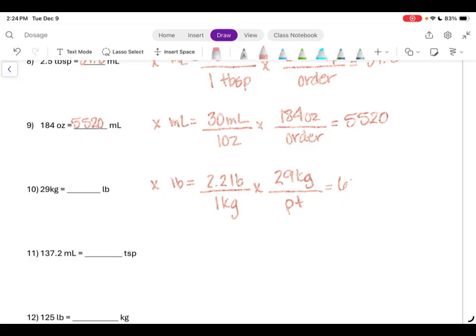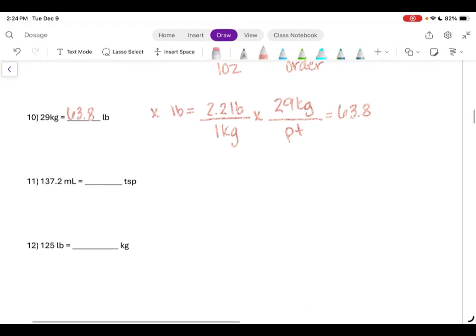And so this is 63.8, which, let me just double check. I think that's already rounded. No, okay. So it's just 63.8. Okay.